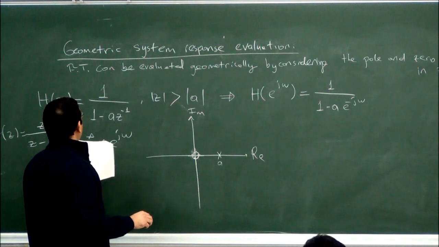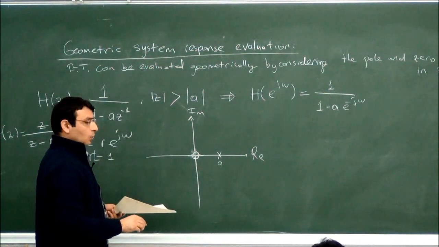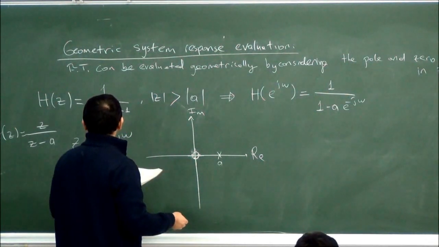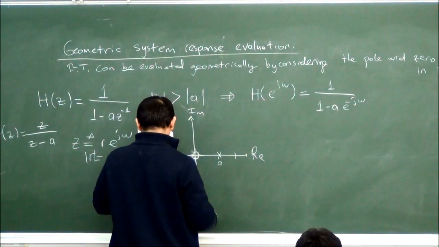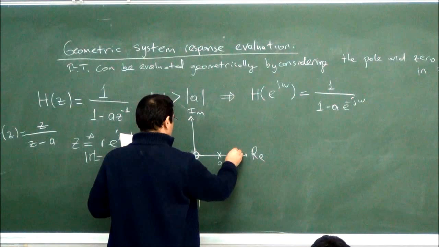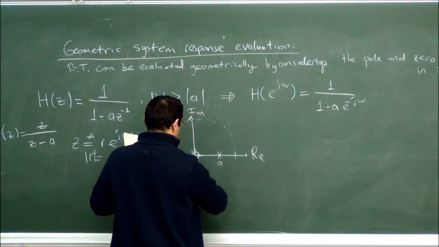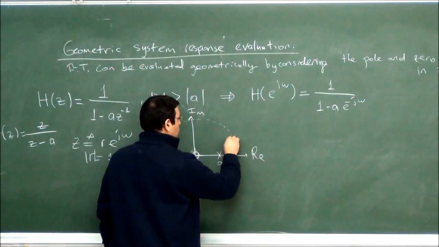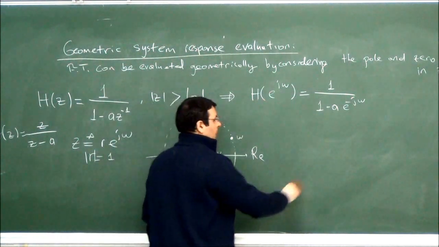So in order to evaluate the Fourier transform of this expression, we do something like this. Let's say this is the unit circle, so r is equal to 1. And this is the point that you are plotting, and this is the omega.